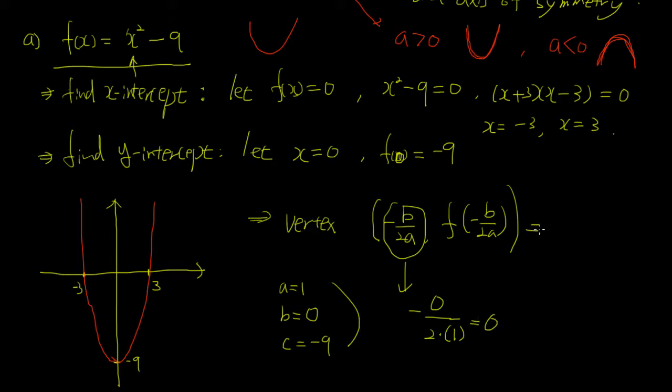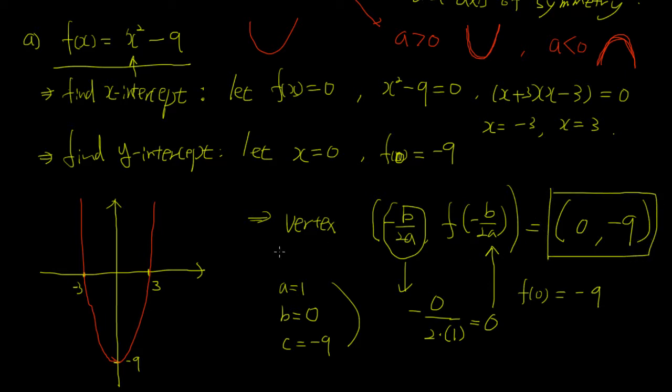So we know that the vertex x value is going to be 0. Of course, we already know, but we're just verifying it. We know that's going to be the vertex because it's right in the middle. Technically speaking, if I put this 0 back in here, f of 0 is 0 minus 9, which is negative 9. So it'll be negative 9, and that's going to be our vertex.